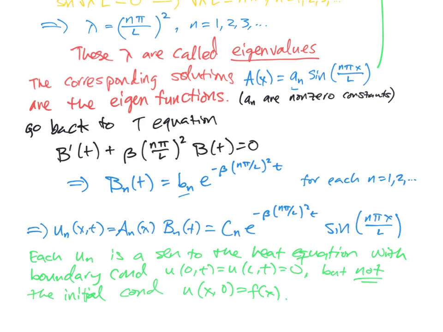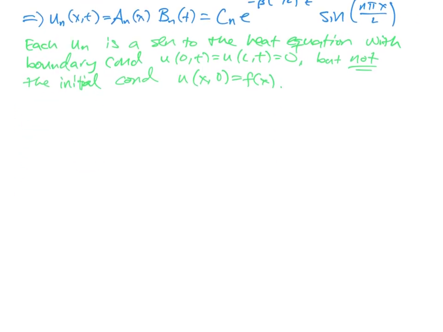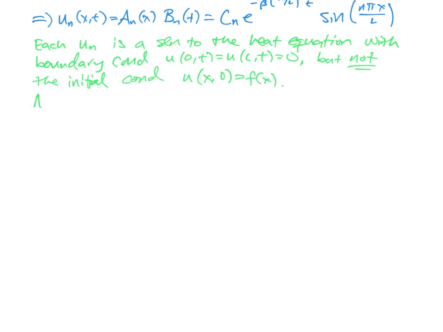But we have a bunch of candidate solutions. In fact, we found the only possible non-trivial solutions that can at least satisfy the boundary conditions. Those Un, as are any linear combination of Un, because we can multiply those Un by constants and then we can add a bunch of them together and they'll still be a solution because of the linearity of our heat equation.